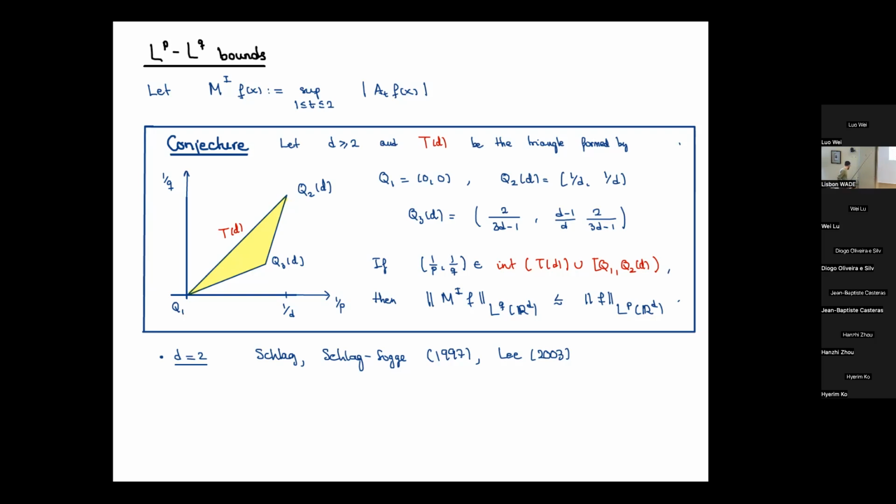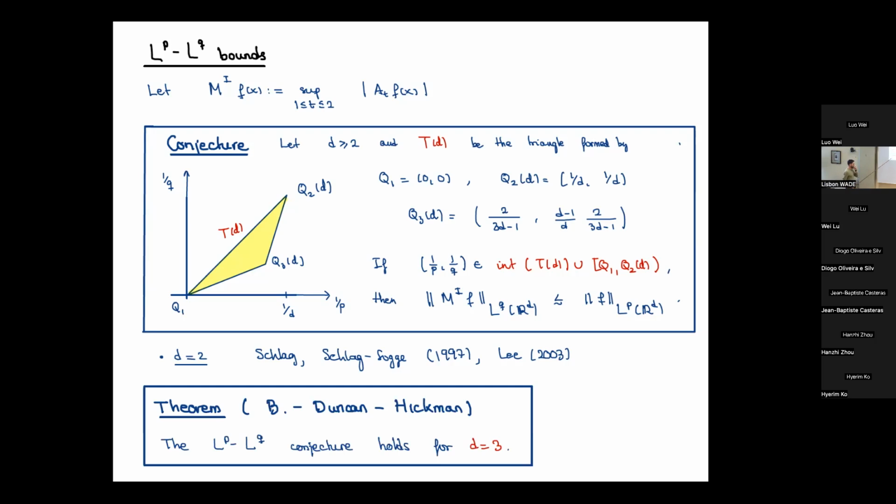The other result I want to present from last summer is that the LPLQ conjecture also holds for dimension equal to 3. When I say it holds, it holds in the interior, and it is still open what happens at the end.